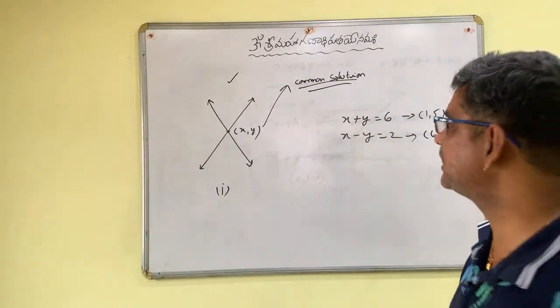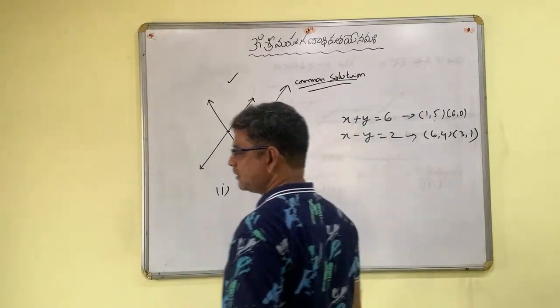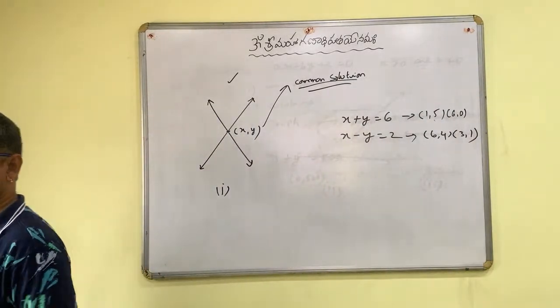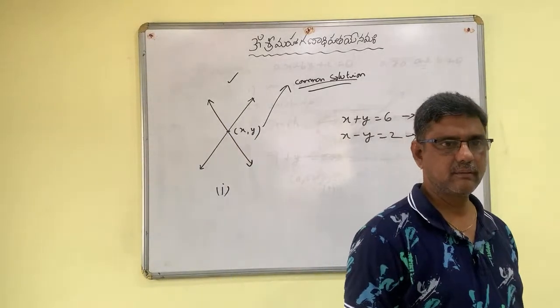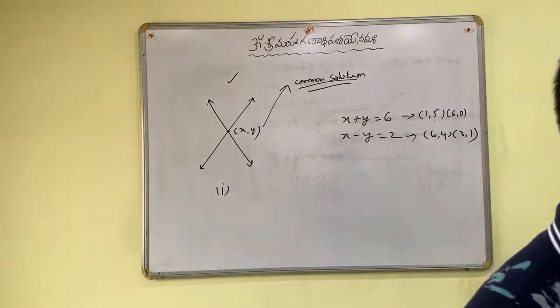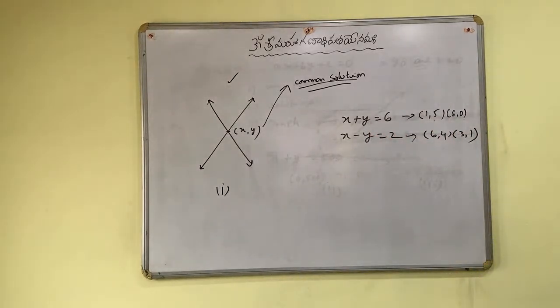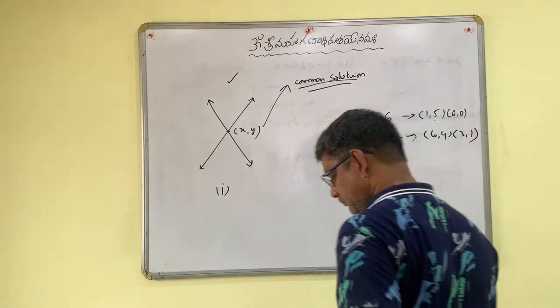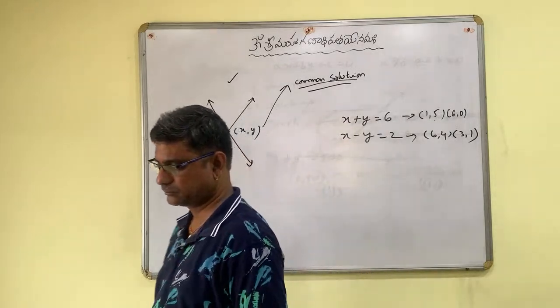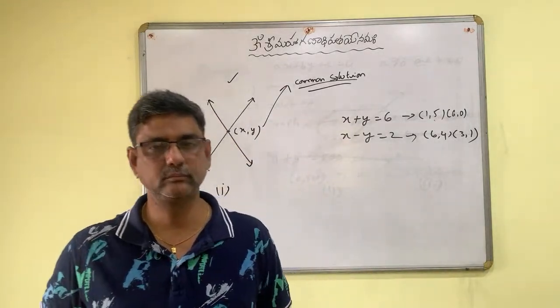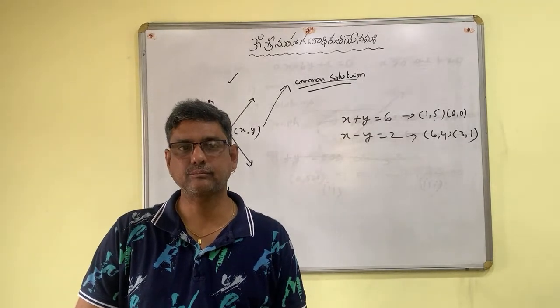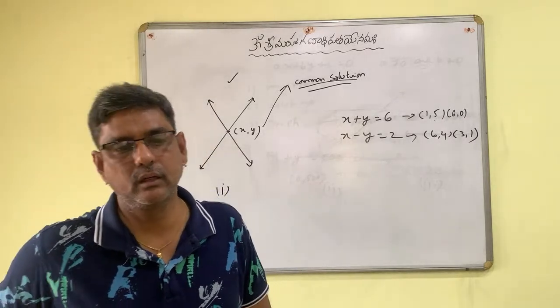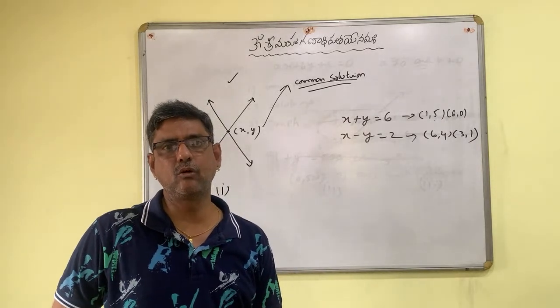If you draw the graph of this, both the lines will intersect at a point. And the point of intersection is 4, 2, correct.